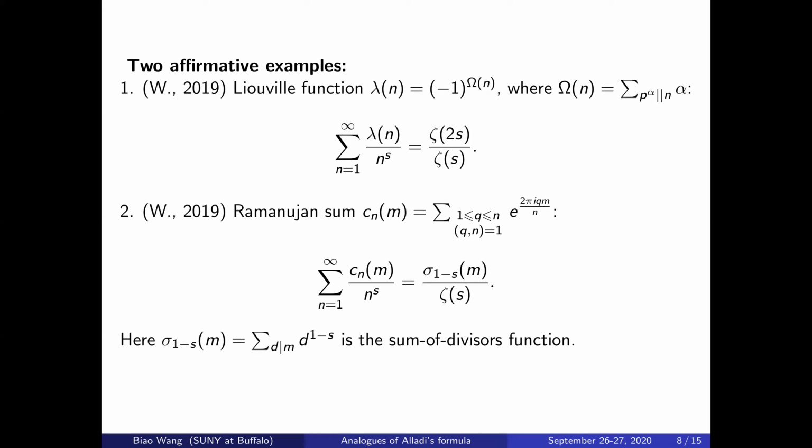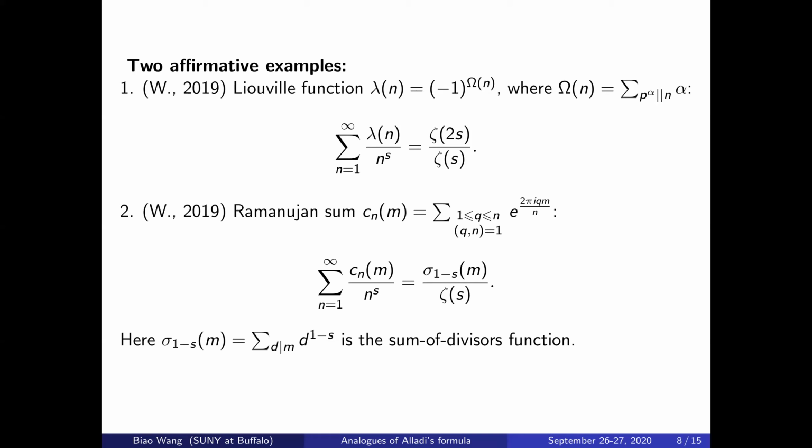Actually, for the Euler function and the Ramanujan sum, by their Dirichlet series, those two functions can be written as the Dirichlet convolutions of the Möbius function with some good arithmetic functions.